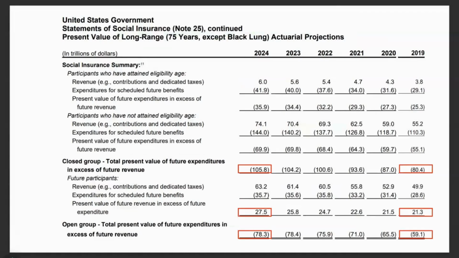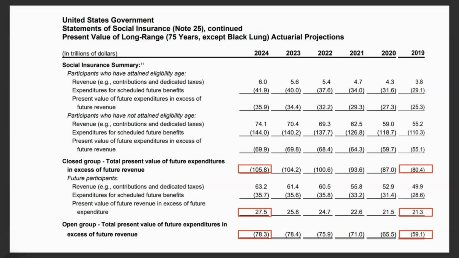And again, we're just looking at the social programs over the next 75 years. And there's two groups here identified. The first is called the closed group, and the second is called the open group.